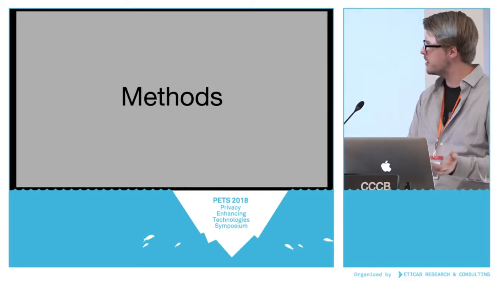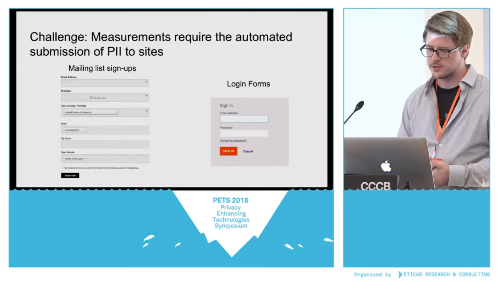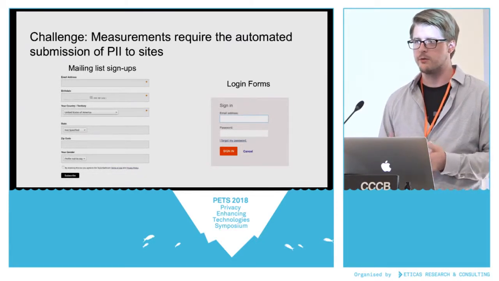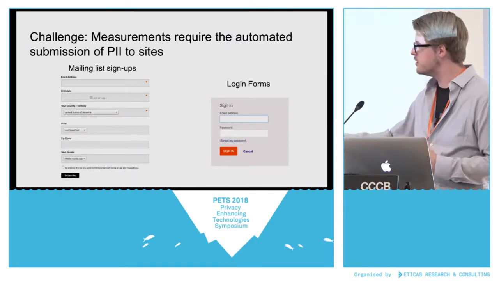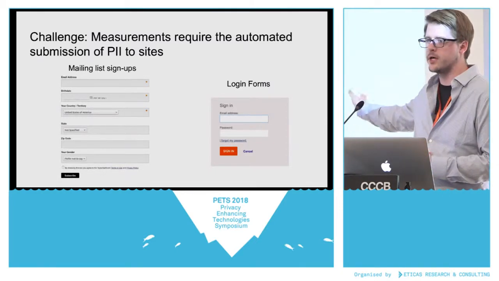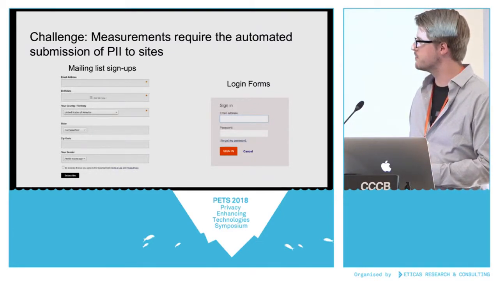And so for this study, we wanted to measure the emails themselves, right? So one of the challenges was to collect a data set of emails, of mailing lists specifically, in an automated fashion. And so we had to deal with mailing list signups that look like this, as well as registering for accounts, because sometimes the mailing list sign-up is part of the registration process.